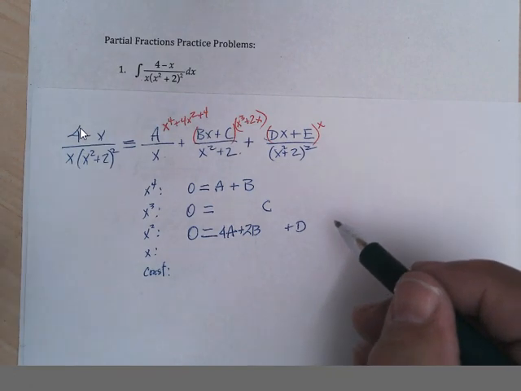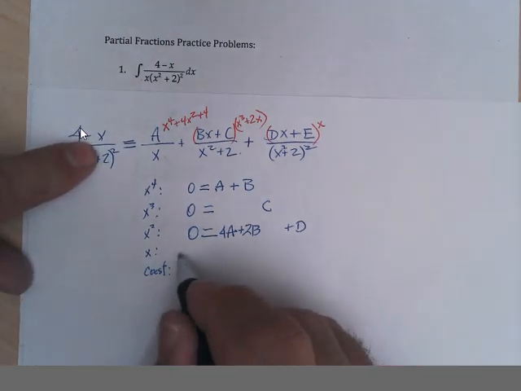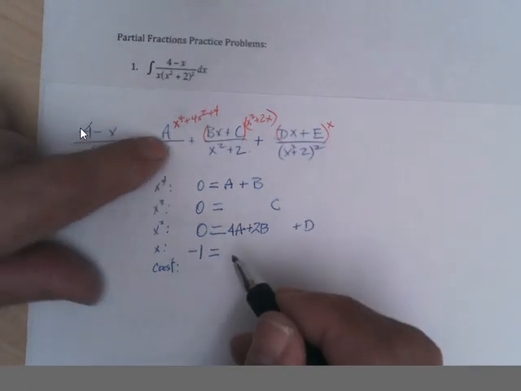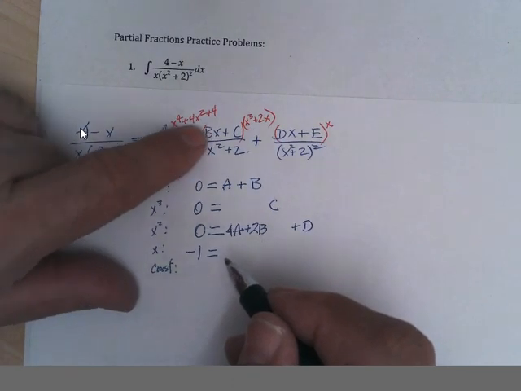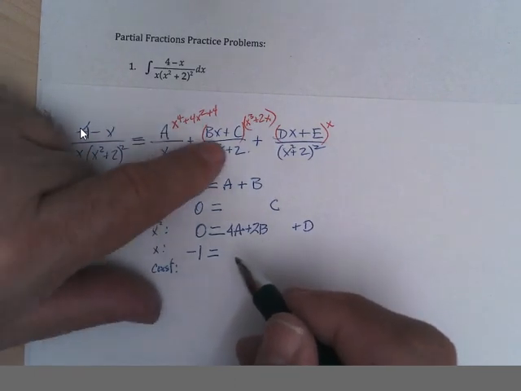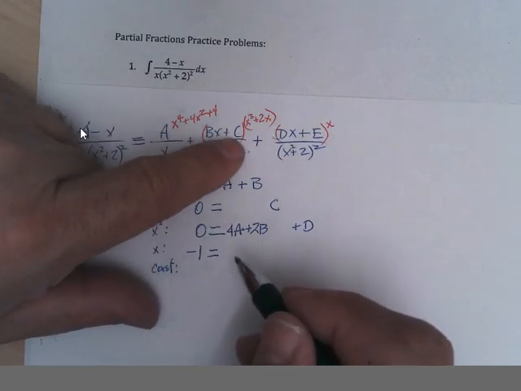And x to the 1st, we got minus 1 on the left, and none here, none there.